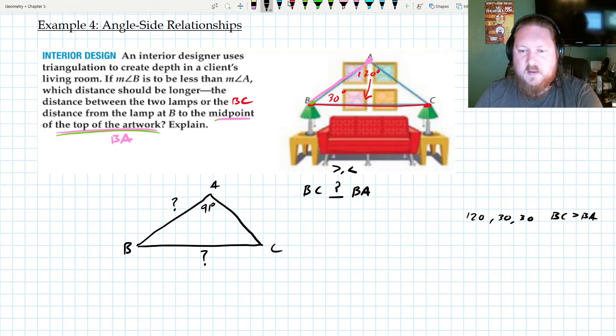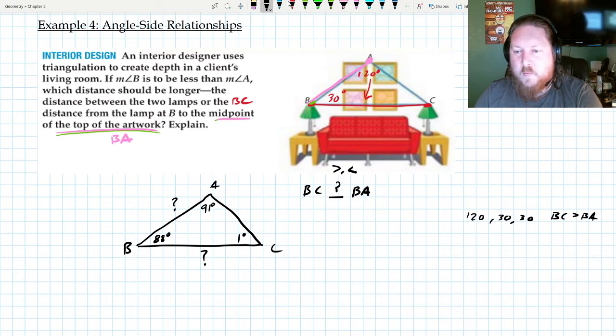So this has to be less than it. Well, how about 89? And that would mean that this angle over here, oh, hold on, is that right? 91 plus 89, oh, no, that can't be it. It'd have to be 88 degrees, and this would have to be 1 degree over here.